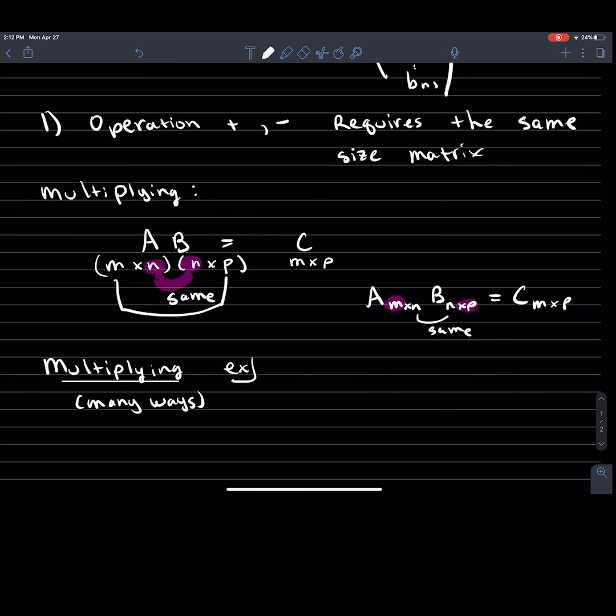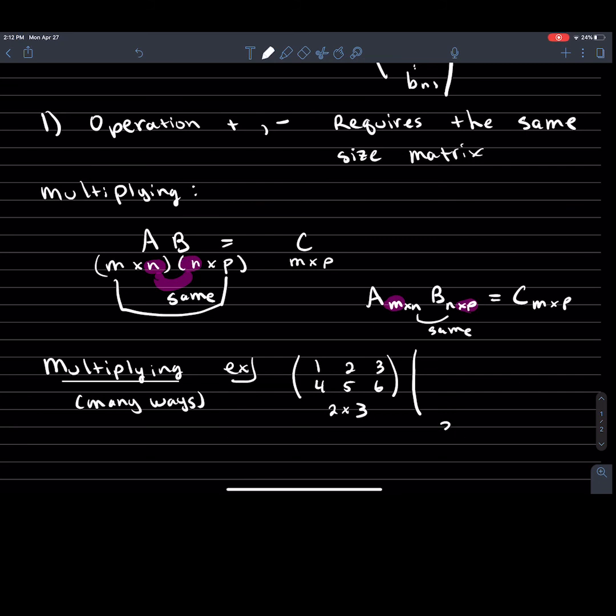So let's start off with 1, 2, 3. Let's make it not look like 23. 4, 5, 6. And we're going to multiply. So this is a 2 by 3. 2 rows, 3 columns.